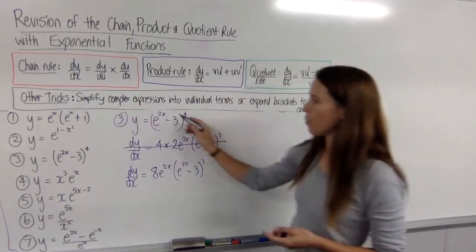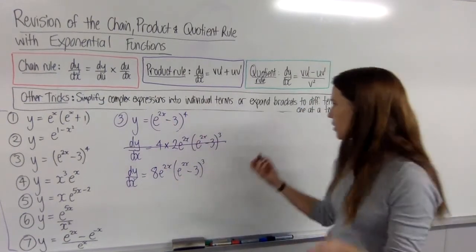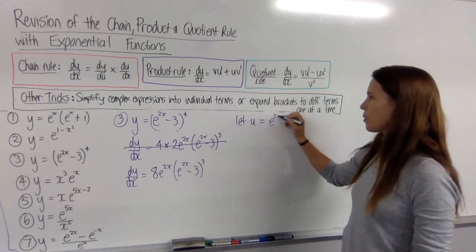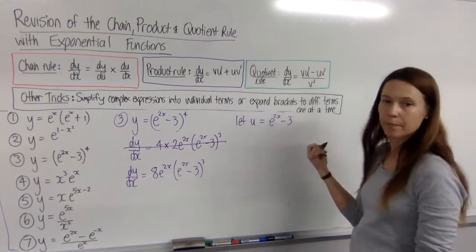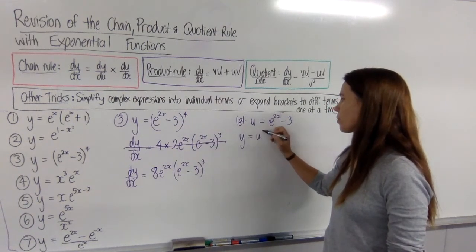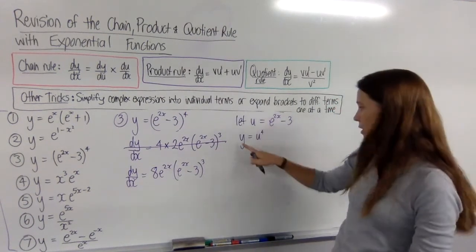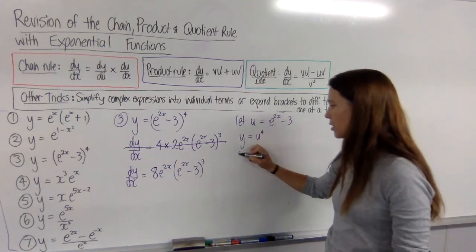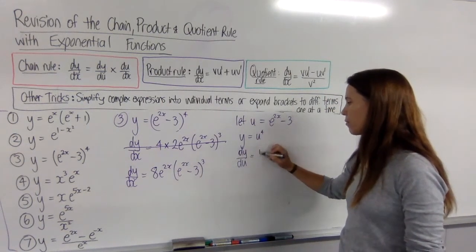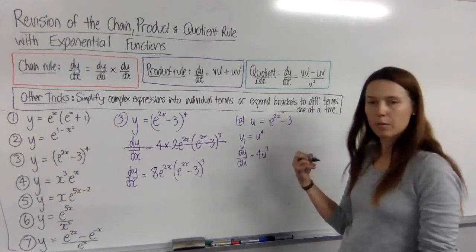Well, you take the complicated part and you replace it with a u. So you say, let's let u be all this part in brackets that looks a bit nasty. Now what we've really got is y is equal to u to the power of 4. Now I can differentiate y with respect to u. I bring the 4 down the front and drop the power down by 1.